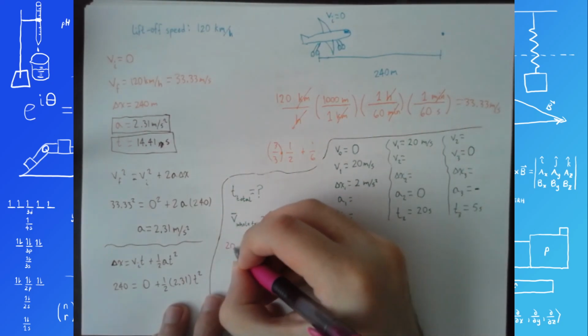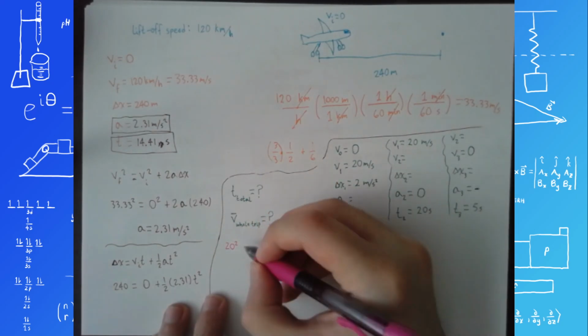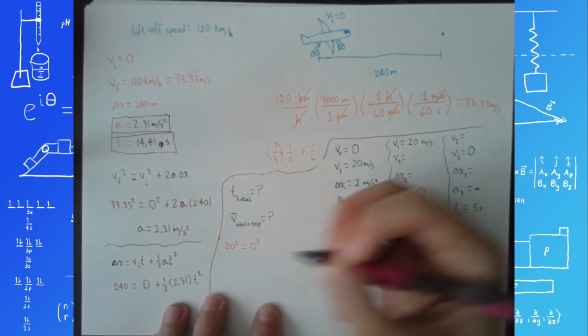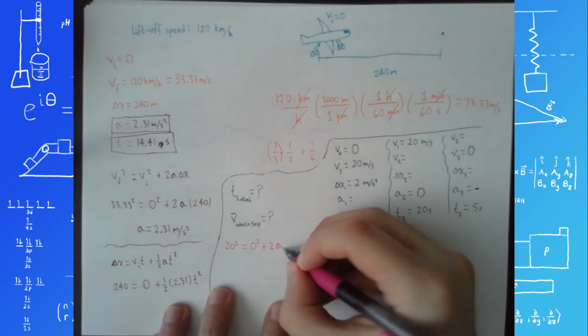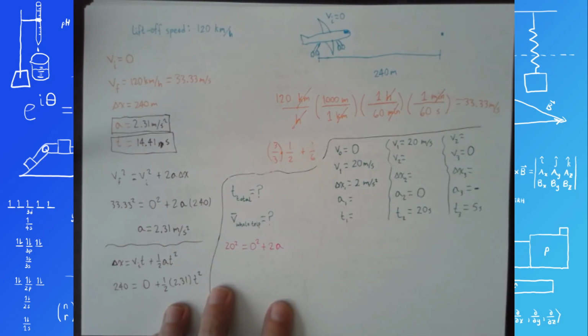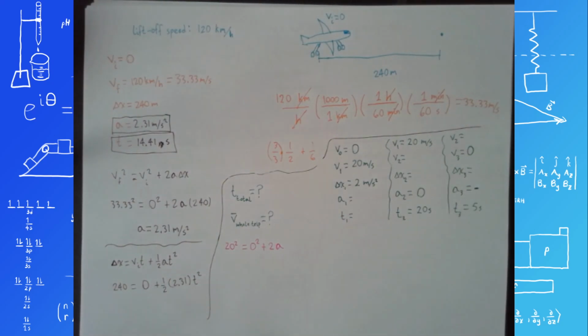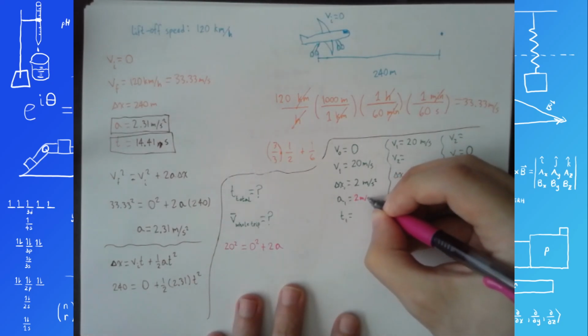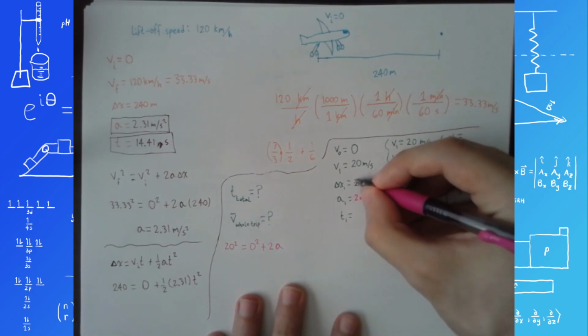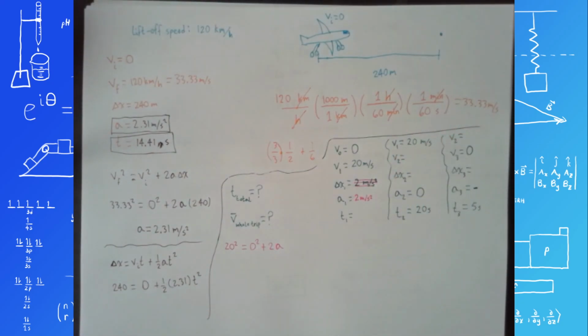20 squared in this case would be the quote-unquote final velocity, equals 0 squared plus 2 times the acceleration times, wait a minute, I copied something wrong, didn't I? Oh, the acceleration is known, the displacement is unknown. My bad. This is the 2 meters per second squared, and this is unknown. I thought something felt off.